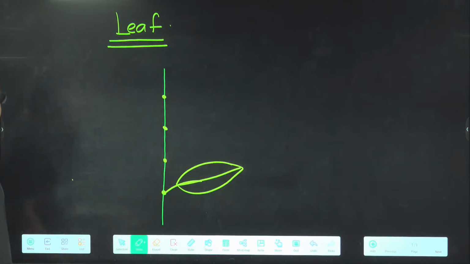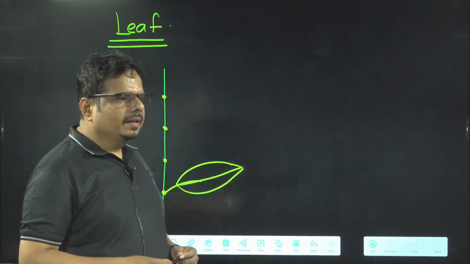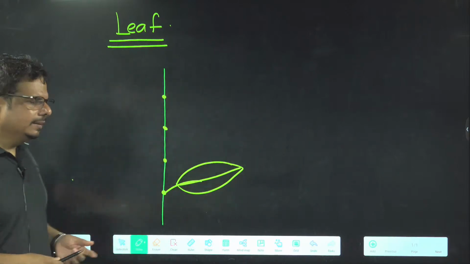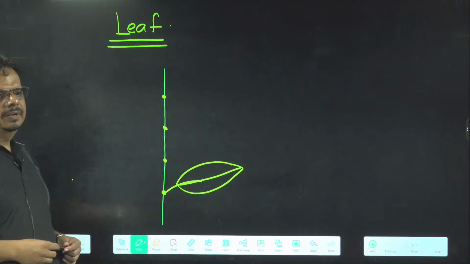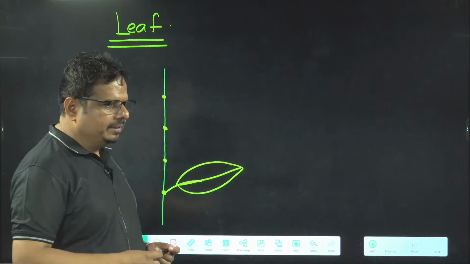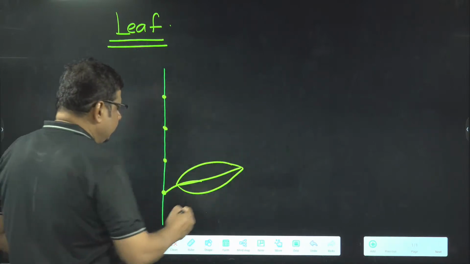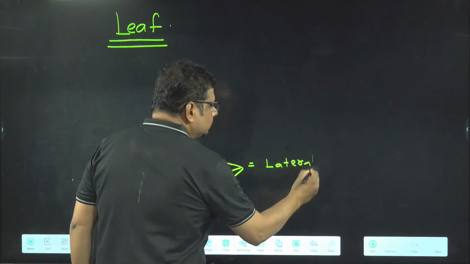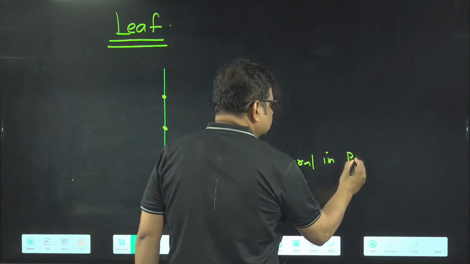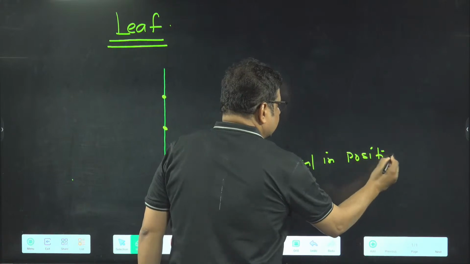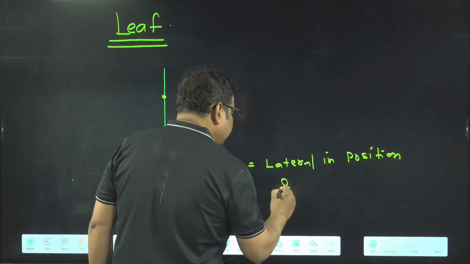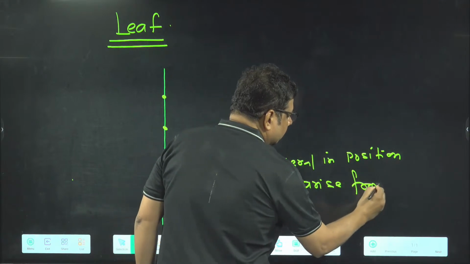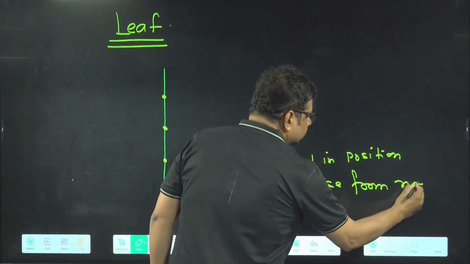They are a lateral outgrowth from the node of the stem or branches of the stem. So it is lateral in position and arises from nodes.